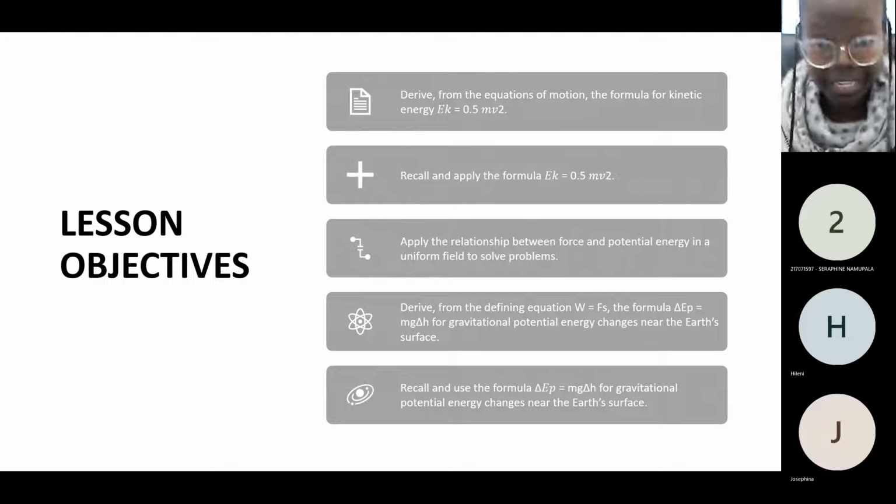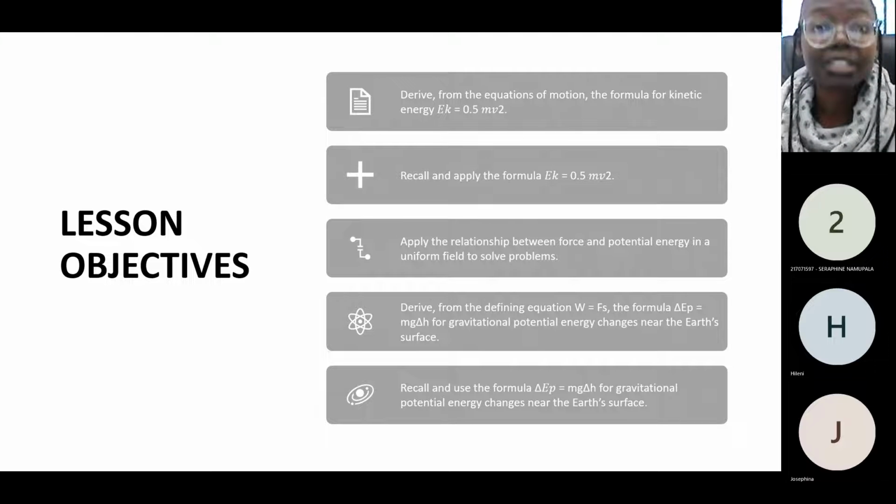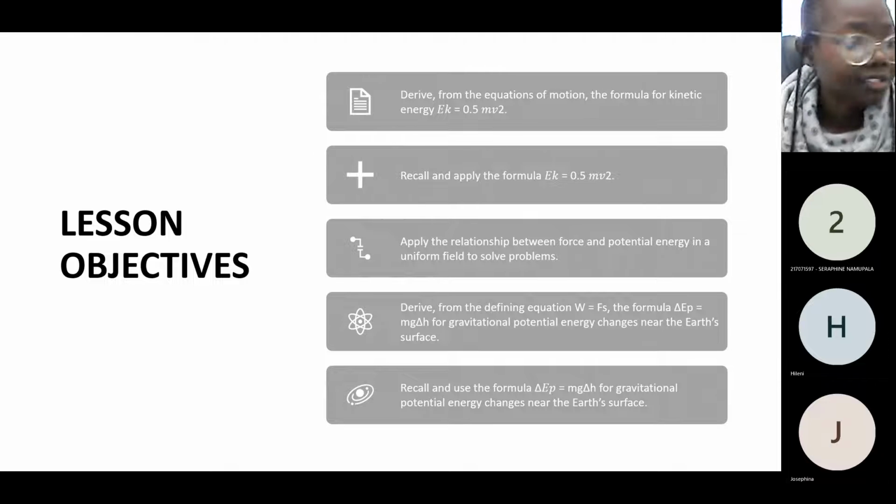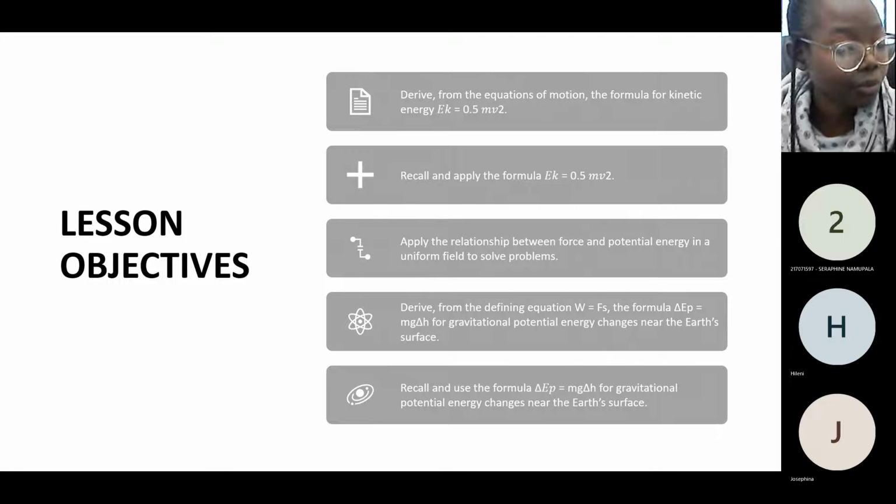These are our lesson objectives, what I'm expecting you to gain from this lesson. The first thing, we are going to derive the equations for motion. We are going to derive the formula for kinetic energy from the equations for motion. Then we are going to recall that formula and apply it in practical examples and also in some examples that I attached in the notes.